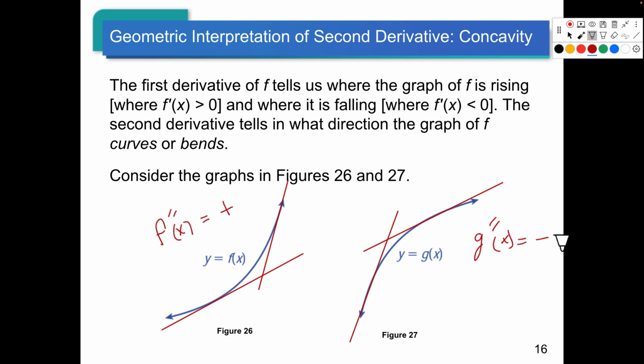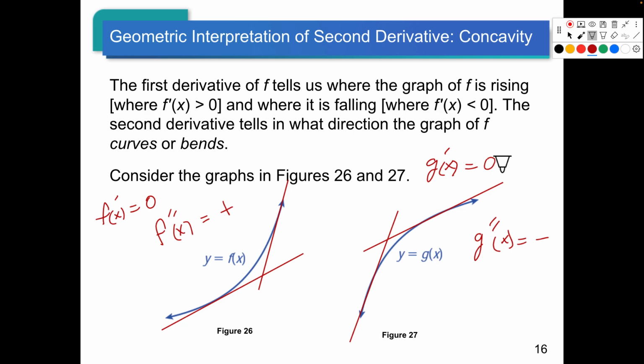And so what this allows us to do is something called a second derivative test. Remember, we do the first derivative. If we find where the first derivative equals 0 for either one of these, we will find a critical point, or critical x value, right?